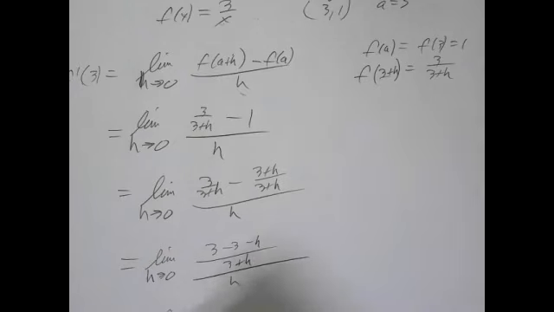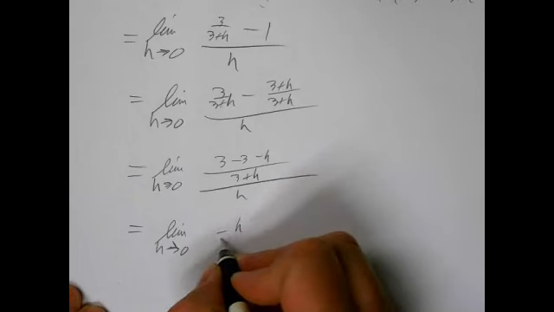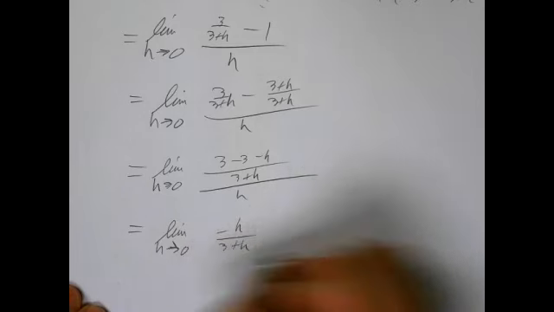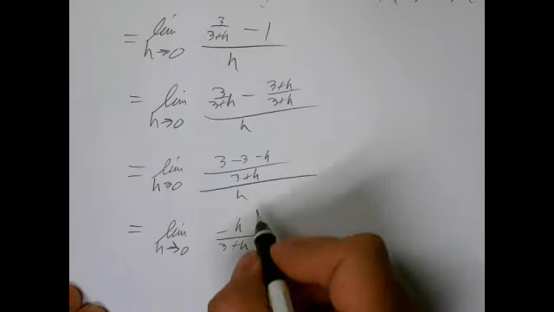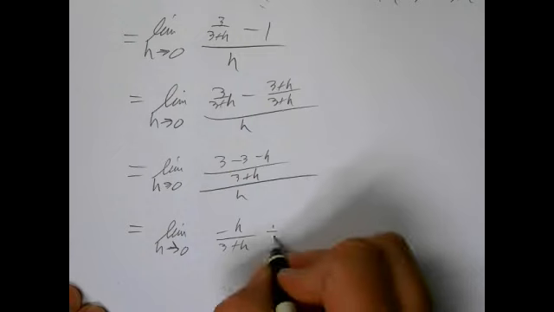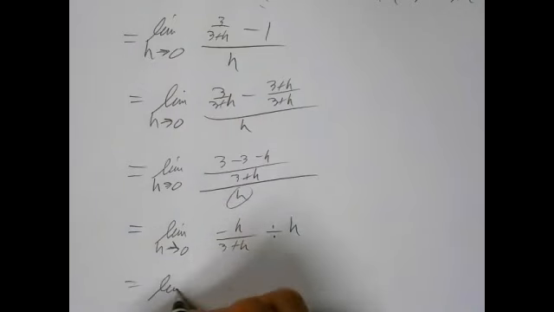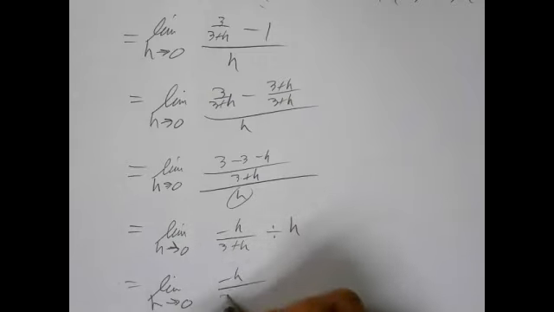This gives me the limit as h approaches 0 of negative h over 3 plus h. And instead of saying over h, let's put this h into division notation: the limit as h approaches 0 of negative h over 3 plus h times 1 over h.